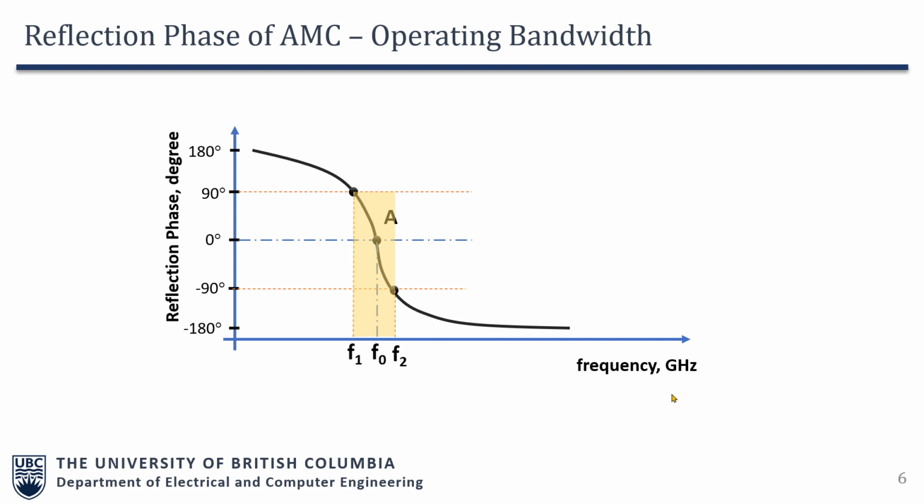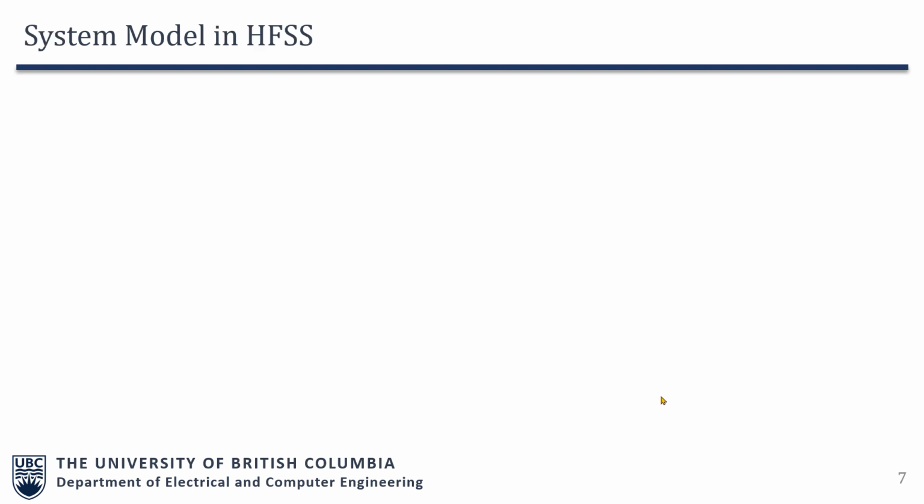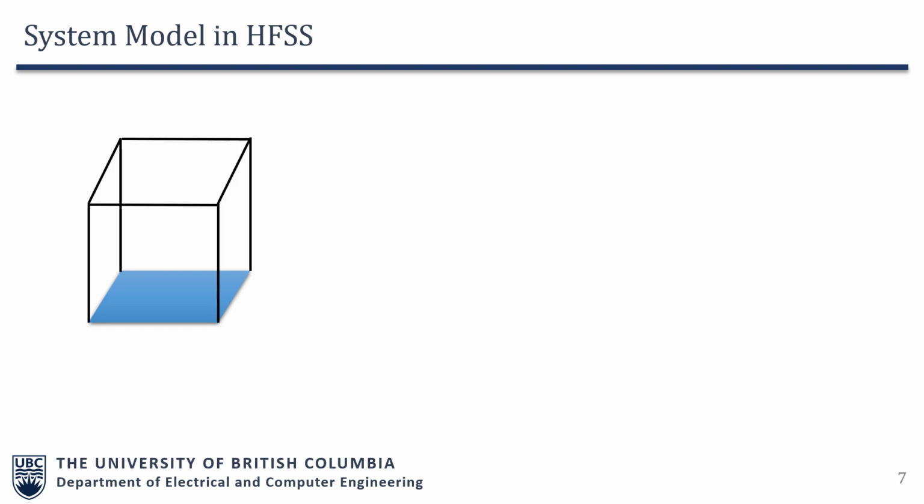Now let's talk about the modeling of AMC, or the analytical model of AMC in HFSS. We can basically model AMC analysis in two ways. For example, we imagine the AMC is embedded in a rectangular waveguide. So this is basically a waveguide. Inside the waveguide, we have put the AMC at one end.